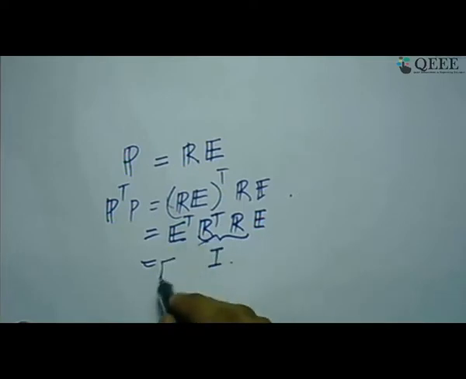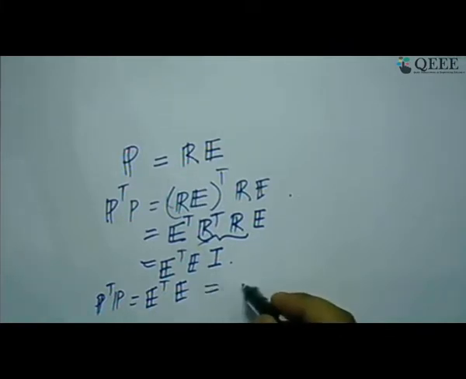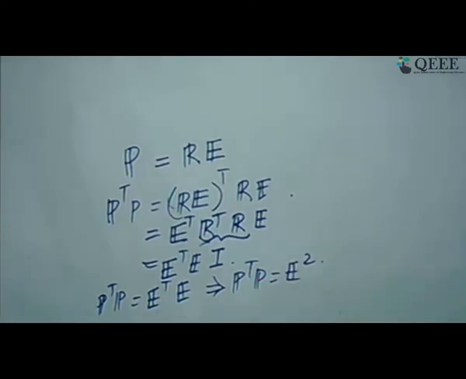So that means you have E transpose E. So P transpose P is basically E transpose E. And for a pure deformation, you can show that E transpose is nothing but E. So P transpose P becomes E squared. This is an identity.